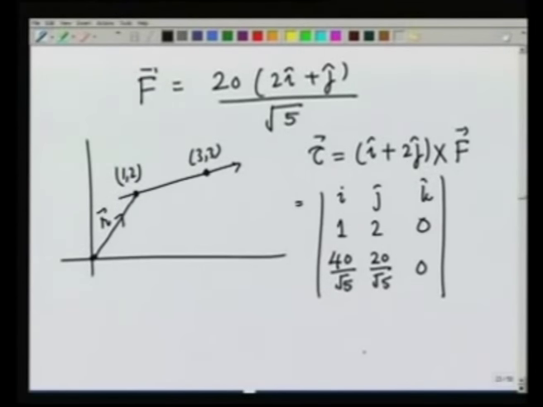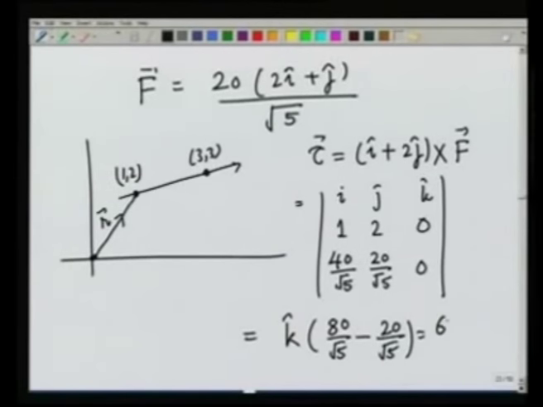This gives i component 0, j component 0 and k component 80 over root 5 minus 20 over root 5, which is 60 over root 5 k.